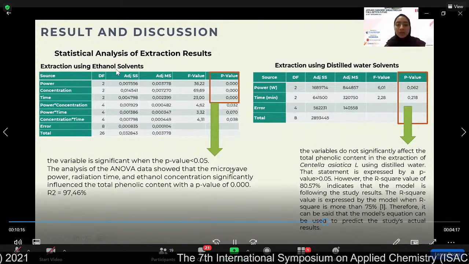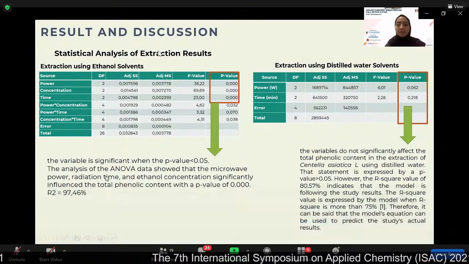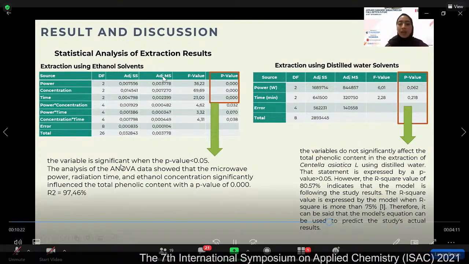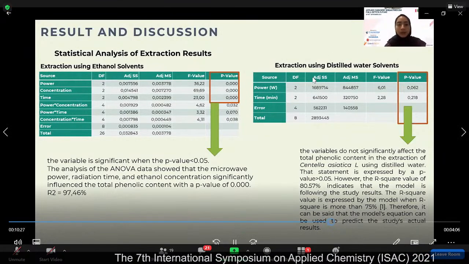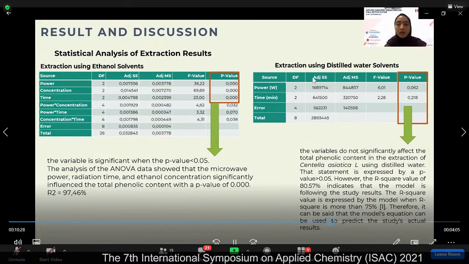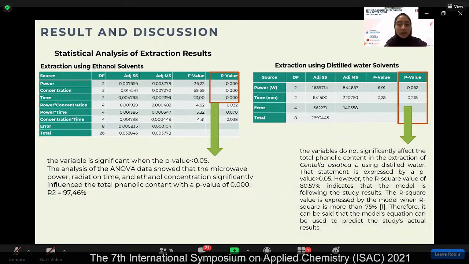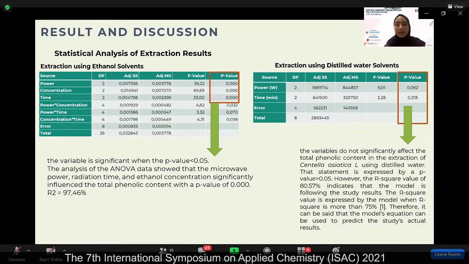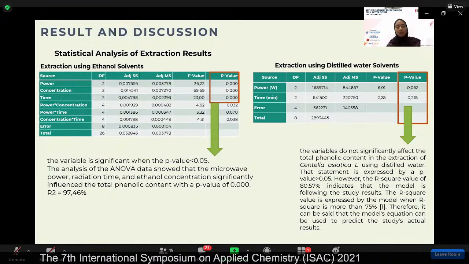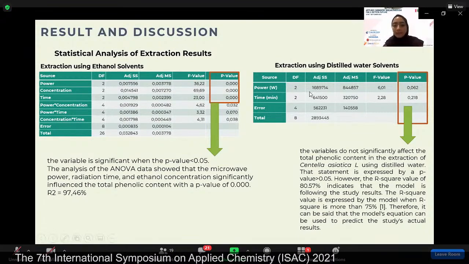The analysis of the ANOVA data shows that microwave power, radiation time, and ethanol concentration have a significant influence on the total phenolic content. And from the ANOVA analysis, the R-square is 97.46%. That indicates that the model is suitable for the experiment.